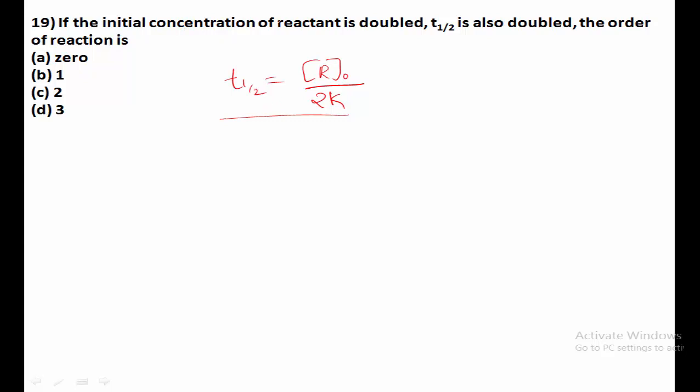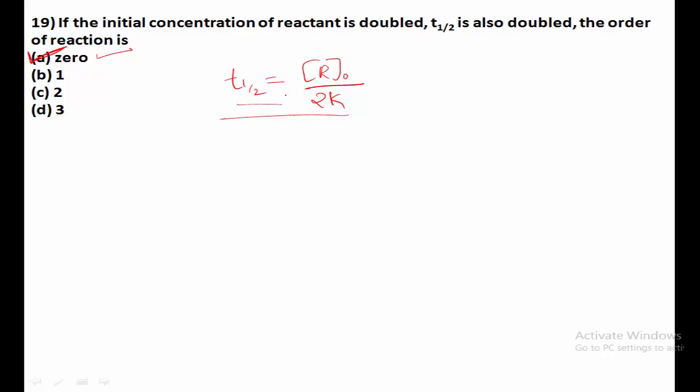Here, when the initial concentration of reactant is doubled, T half is also doubled. That means it depends upon the initial concentration of reactant. So simply, which order reactions have half-life dependent on initial concentration? Zero order reaction, as can be observed from this equation. So option A is the right one here.